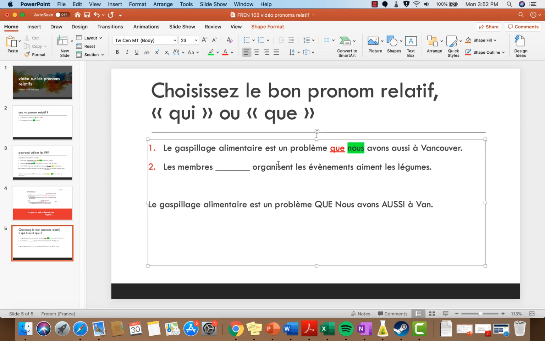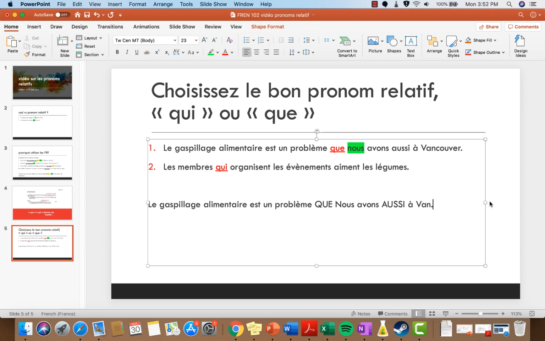Les membres organisent les événements, aiment les légumes. Okay. So here, look at the second sentence. Do we have a subject? No, it's actually starting with a verb. Okay. So in that case, we need a subject. So here it will be qui, because we're going to be replacing les membres, which is, voilà, a subject.